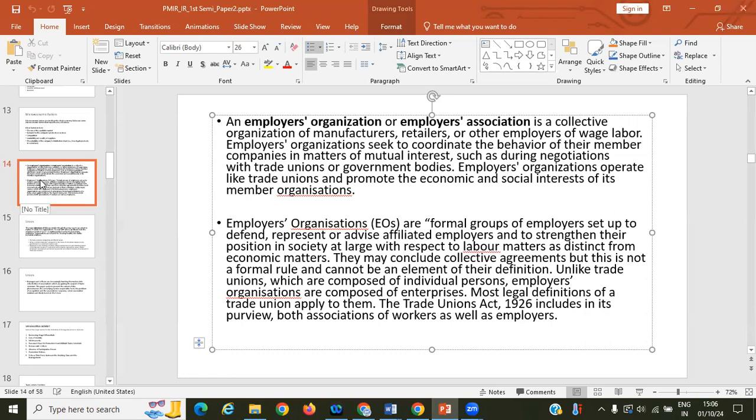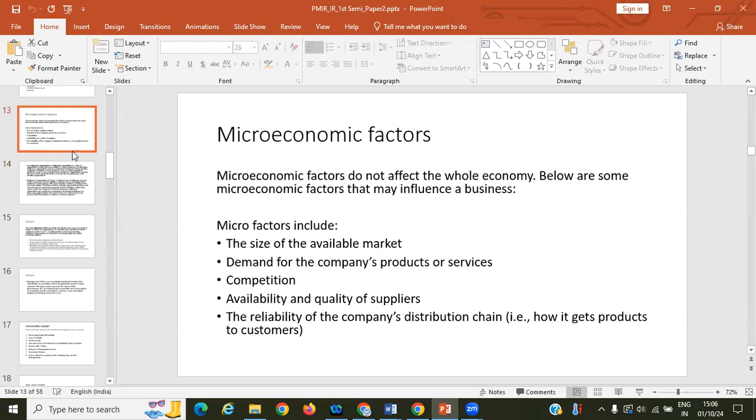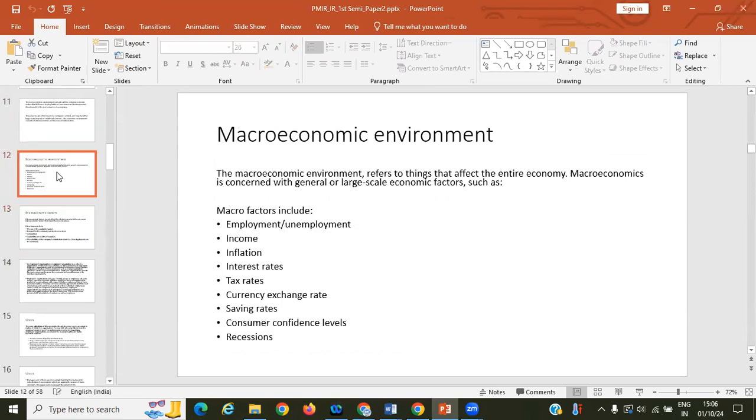Those economic factors are divided into short term, long term, microeconomic, and macroeconomic. These are the different factors controlling union activities: the consumers, the countries, the people.